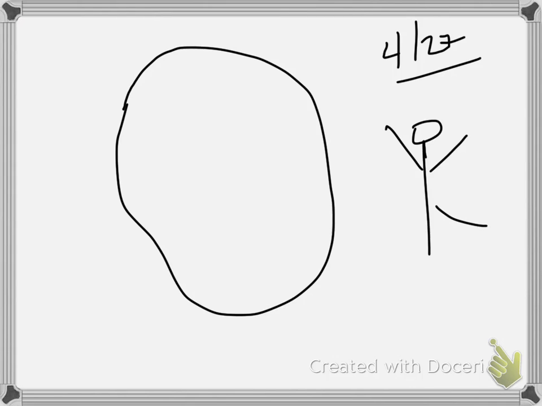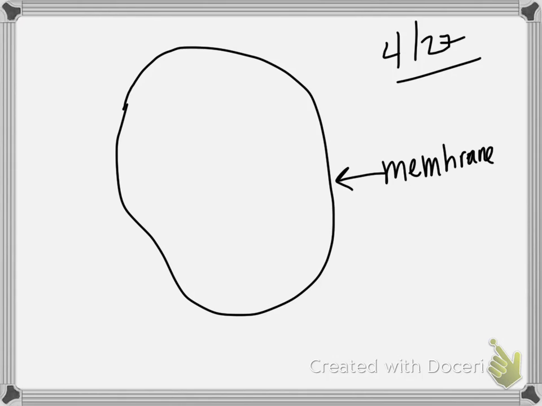You ever fill up a balloon with air and leave it overnight? What happens? It deflates, yeah. It's not nearly as big and impressive as it was the day before. Why? It's got tiny holes in it. The membrane, because a balloon is a membrane, allows things to go through it.